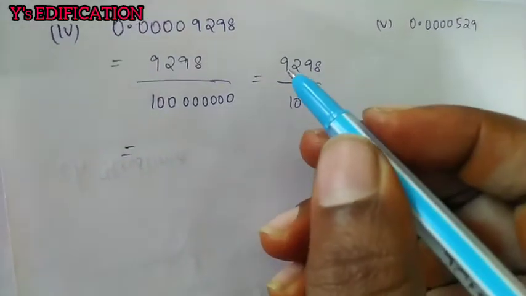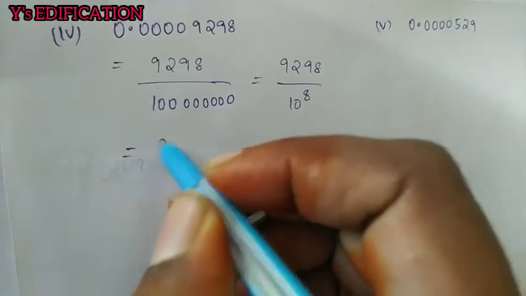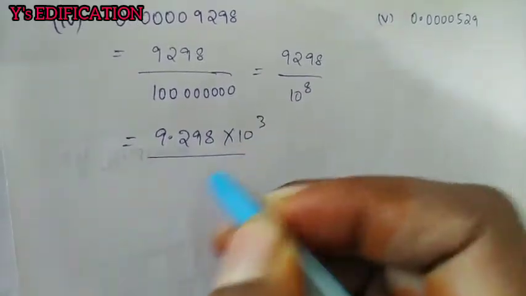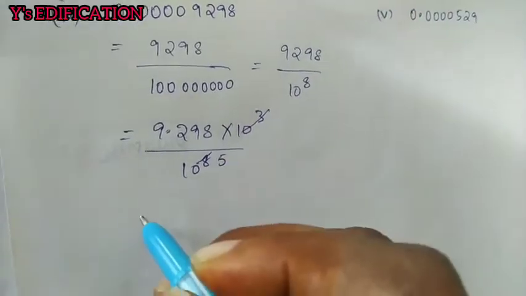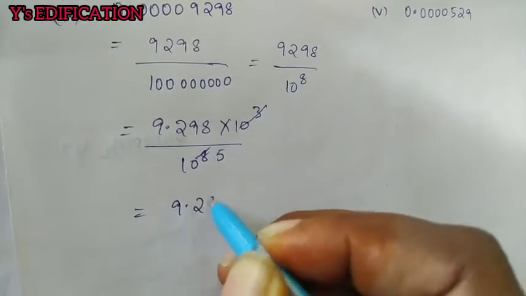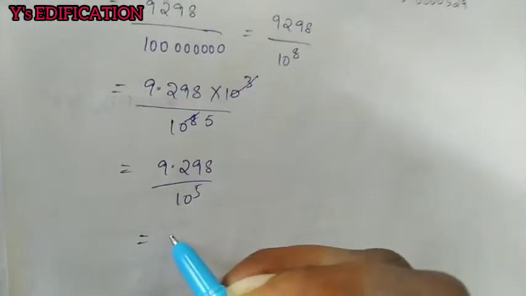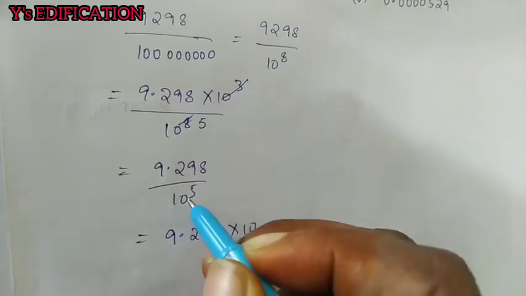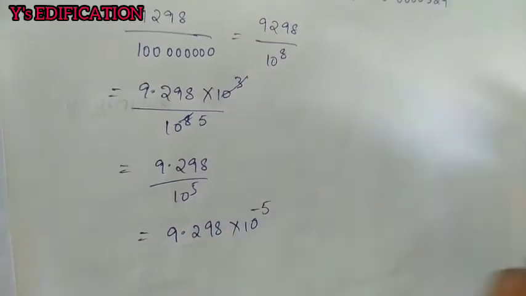So I want to change it into a smaller number. So I will take 3 digits after the decimal. So 9.298 into 10 power 3 by 10 power 8. Here 3 tens are cancelled and here 3 tens are cancelled. 5 are left. So we can write this as 9.298 by 10 power 5. So I can write the number as 9.298 into, when this denominator goes into the numerator, it will become 10 power minus 5.